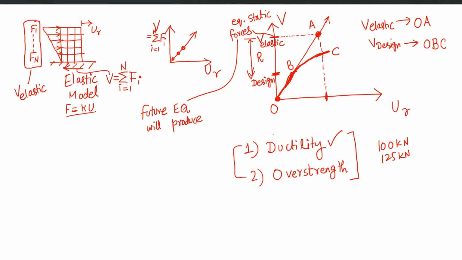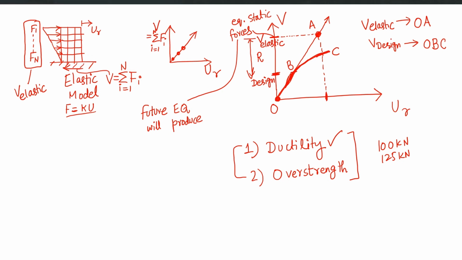So which means that if our structure is brittle, R factor will be close to 1, which means that we cannot take advantage of the ductility of our structure. It is already brittle. So we have to design on a higher force, V elastic, and the cost will be more.